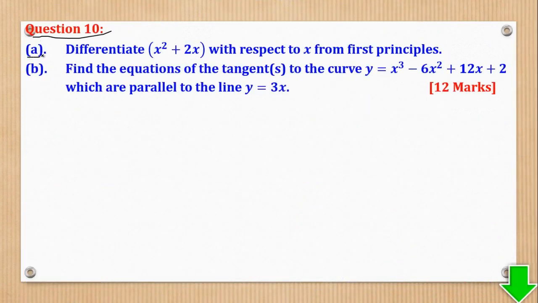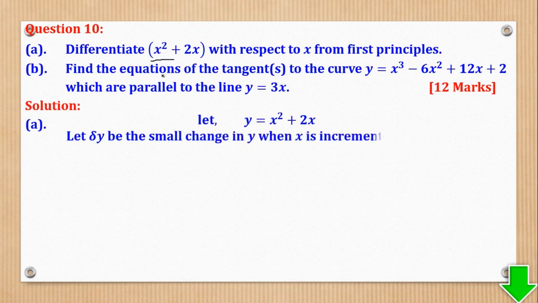Then question 10 part A says differentiate this with respect to x from first principles. So let y be equal to that, the given expression. Then a small change in y will result when x is incremented by a small change in x.